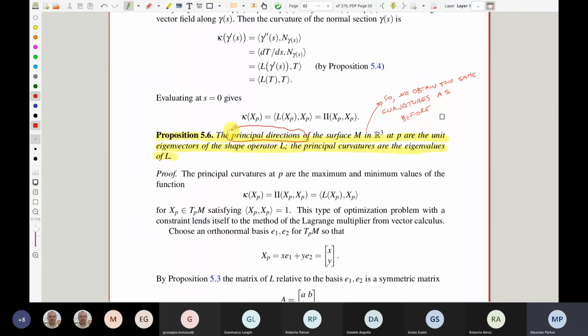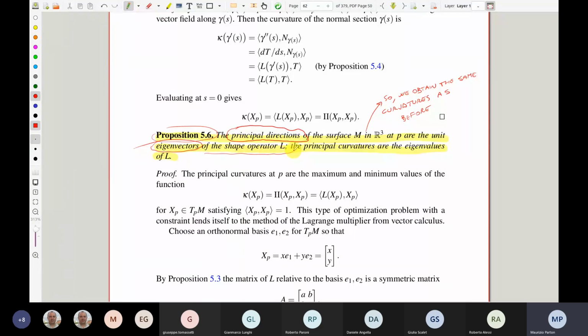So apparently completely different from what we are talking about now. Well, the proposition is that principal directions are actually the eigenvectors of the shape operator. This is what I was telling you. The two points of view are just different points of view of the same thing.